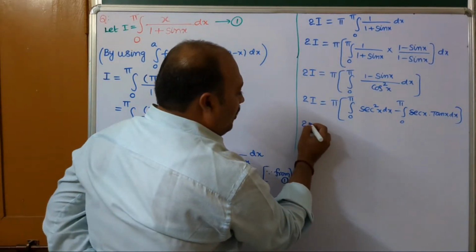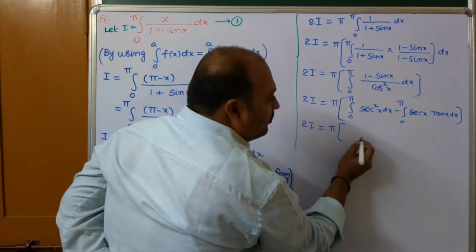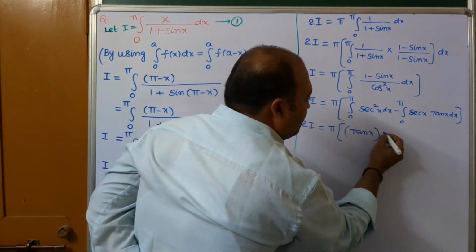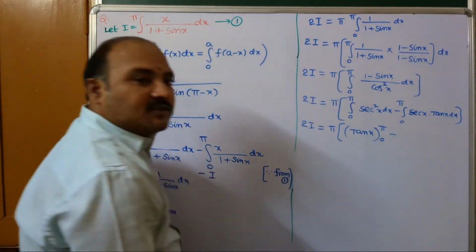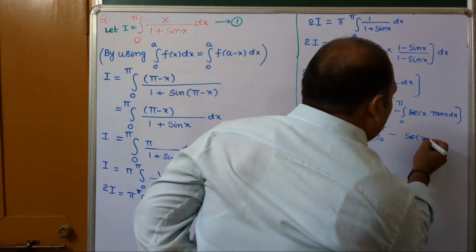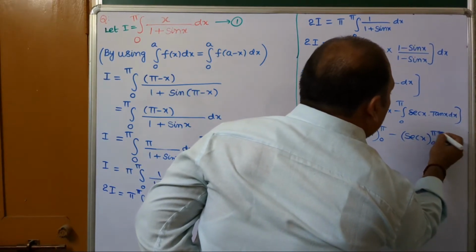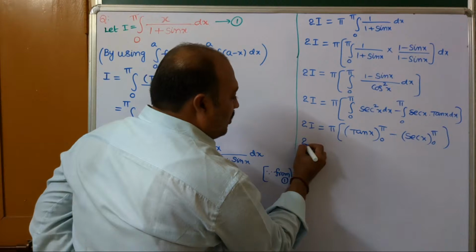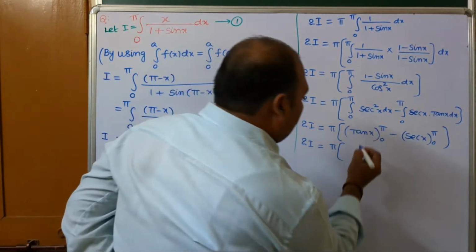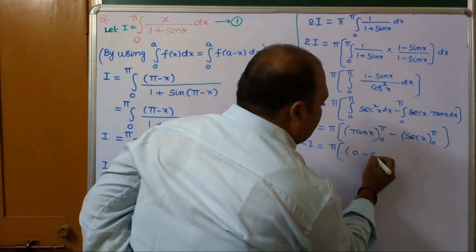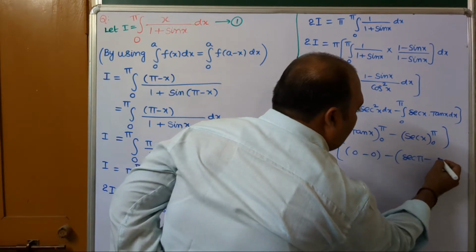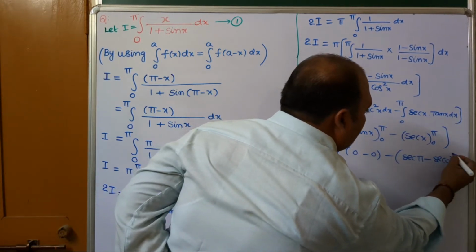So 2I equal to pi into integral secant square x, tan x, applying the limits 0 to pi, minus integral secant x tan x, secant x, 0 to pi. So 2I equal to pi into tan pi 0, tan 0 0, minus secant pi minus secant 0.